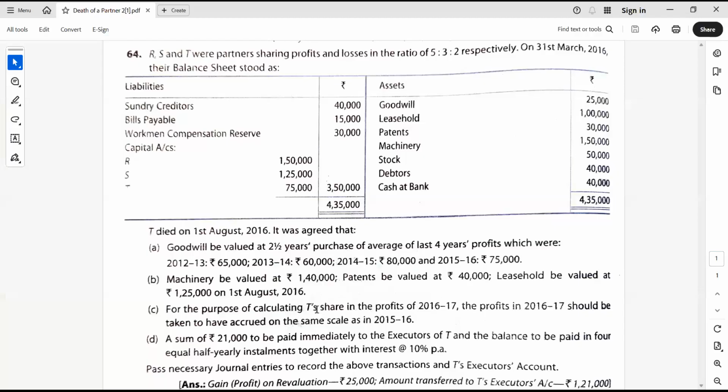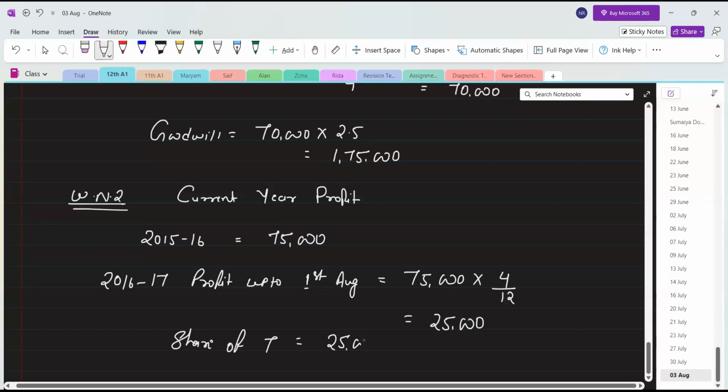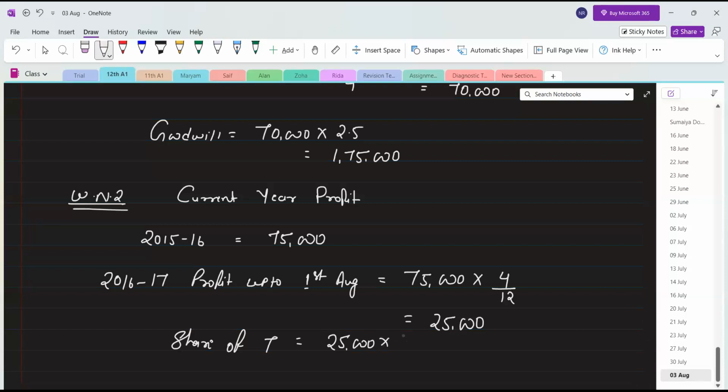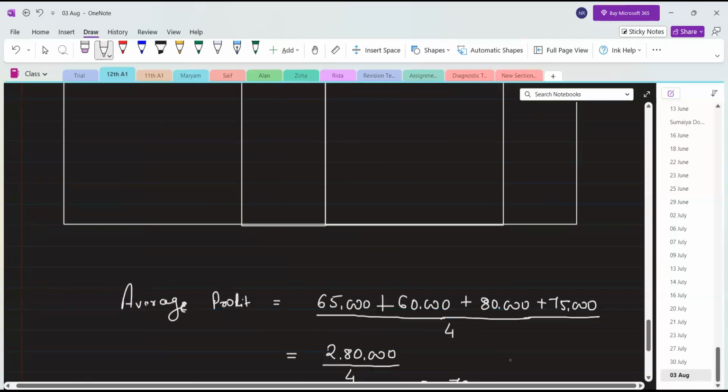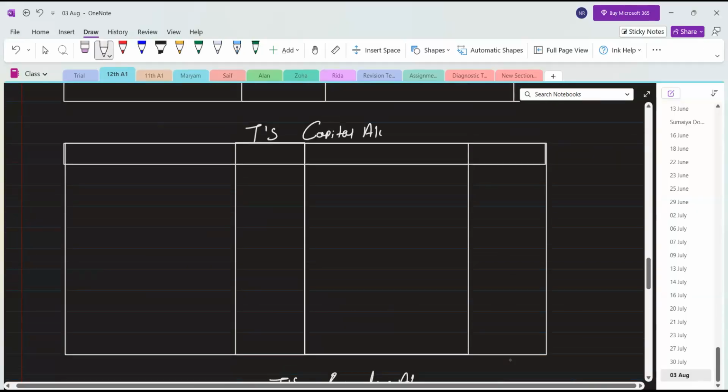It will be 25,000 divided by 10 into 2. So 5,000. This 5,000 will be written in his capital account.